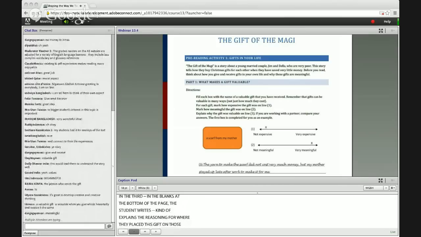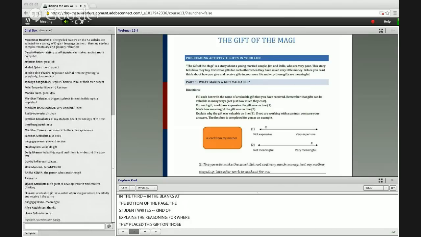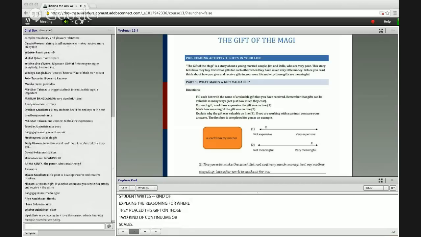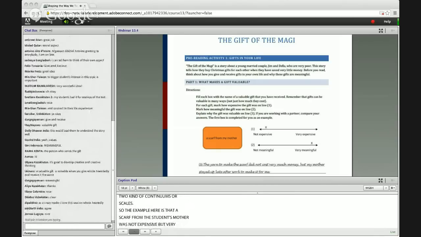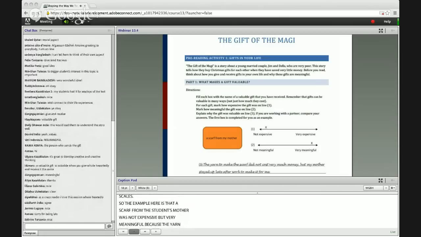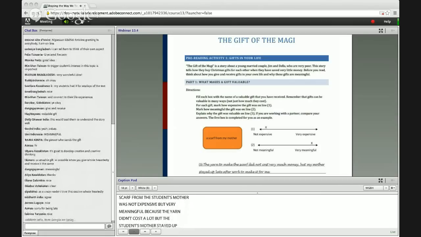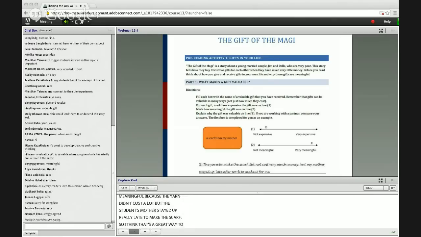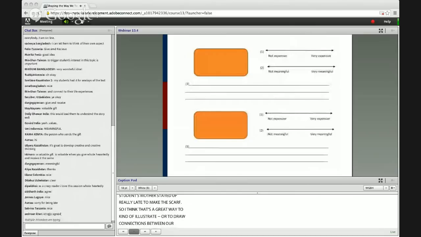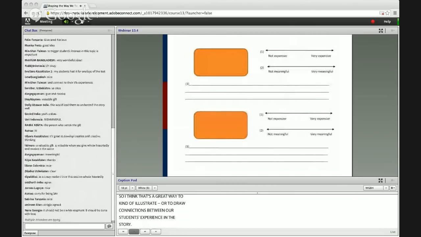So the example here is that a scarf from this student's mother was not expensive but very meaningful because the yarn didn't cost a lot, but the student's mother stayed up really late to make the scarf. So I think that's a great way to draw connections between our students' experience and the story. And on the next page, students can do this with two gifts that they've received.